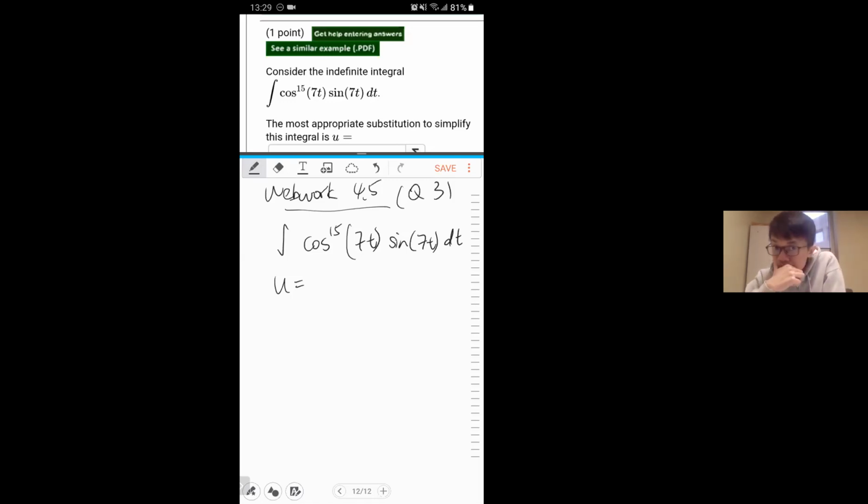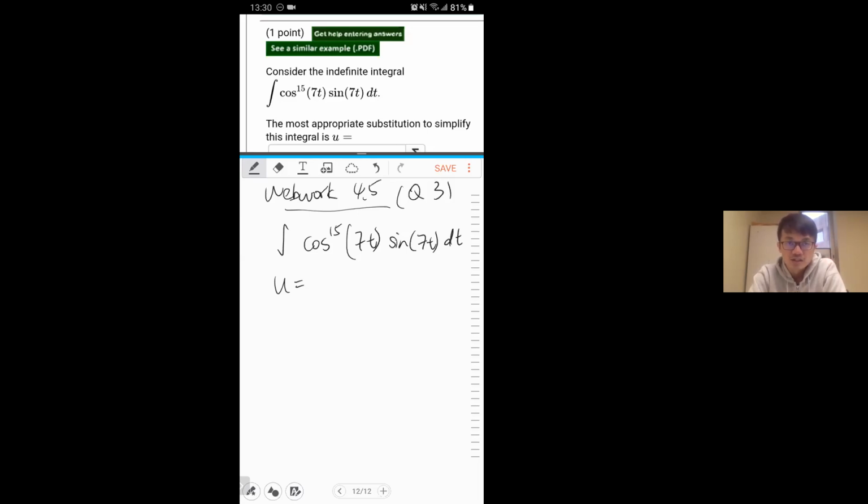So there are two ways to pick the u function.